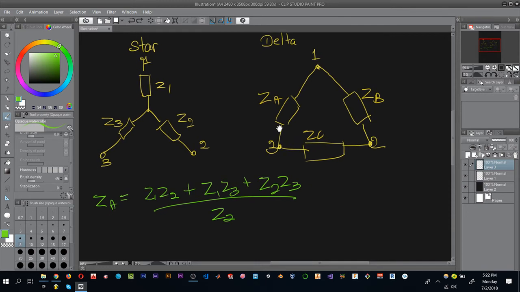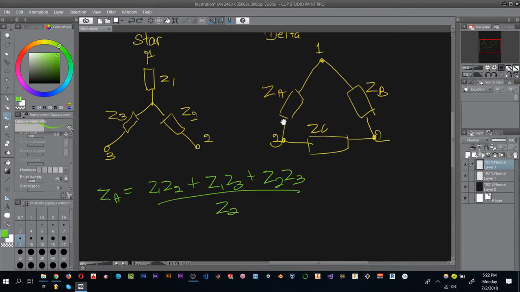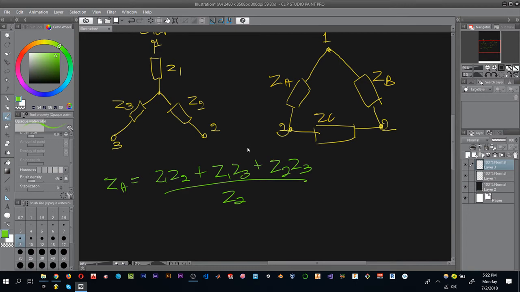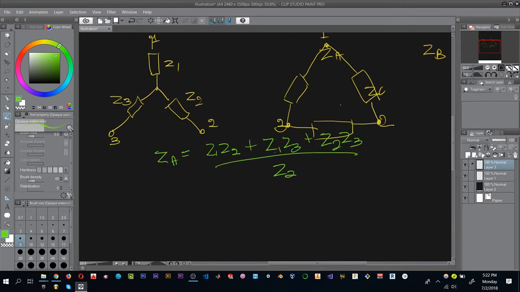This is the equation that will give us the equivalent resistance ZA. Now there's an inherent problem with this. Well, there's no inherent problem, my bad.